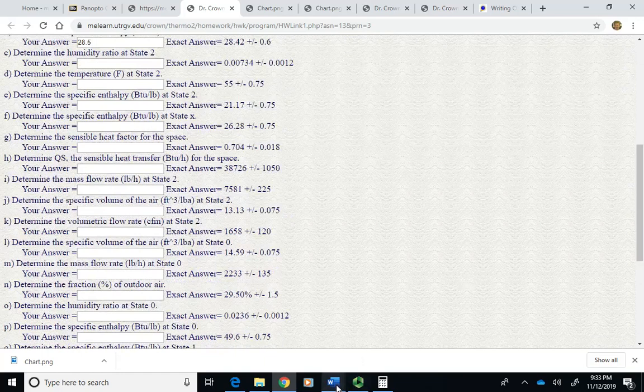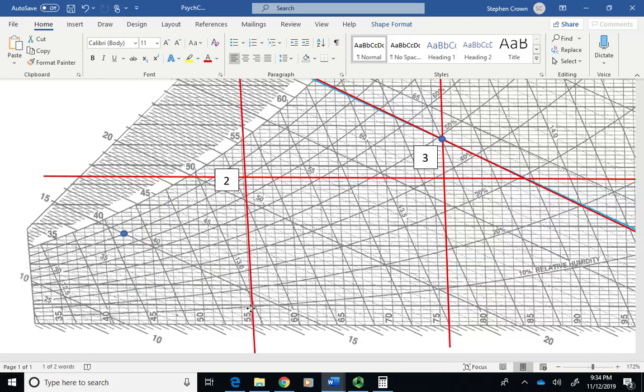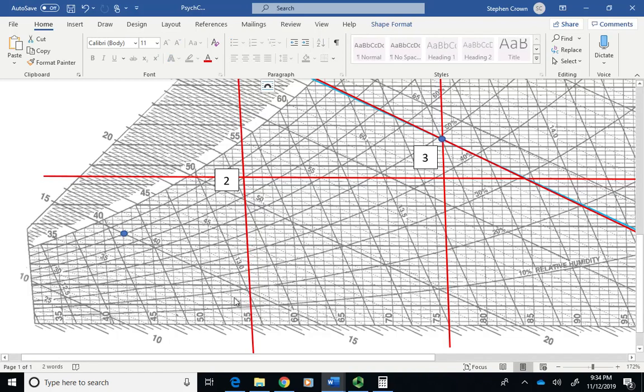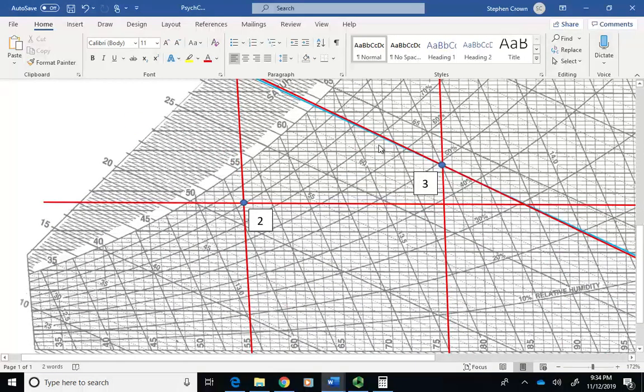And if I go to my chart, lay that down on 55, which looks like my slope's still okay there. So there's 55, so there's my state 2. And I can put the dot there if I want. Okay, and then I can move my enthalpy line there. Oops, wrong one.